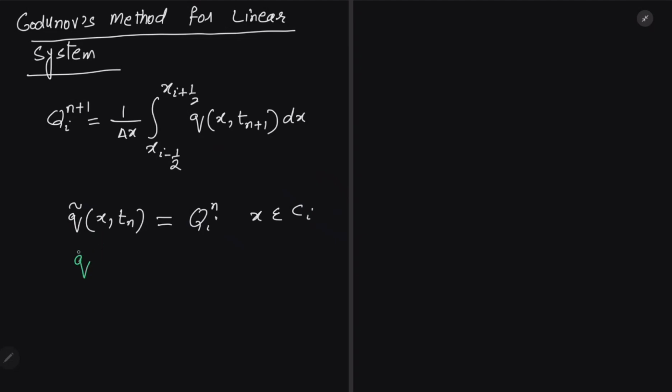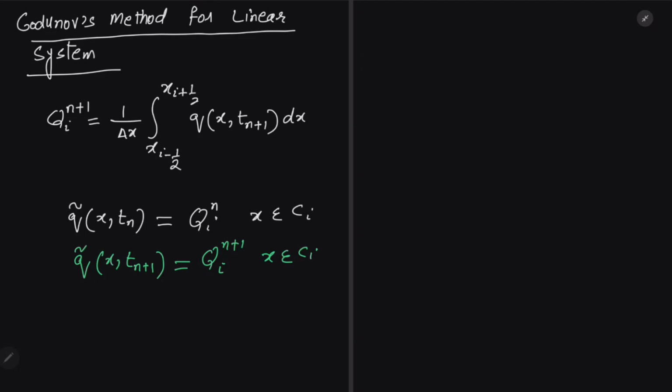And similarly, for q(x, t^{n+1}), we replace that with a constant value Q_i^{n+1}, x belonging to C_i. Such a thing is called the reconstruction in the numerical method.